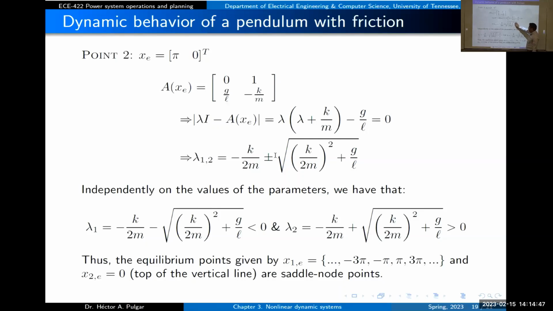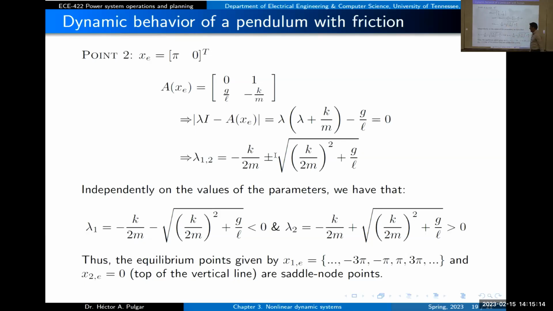You're going to have k over 2m, right? So when you have the negative term, you will have k over m, because you will have 2 times that term. But when you have the positive, this is going to be 0, right? But if you add the term, then whatever result you get is going to be larger than this. So when you add this second term that is larger than this, it's going to be positive.